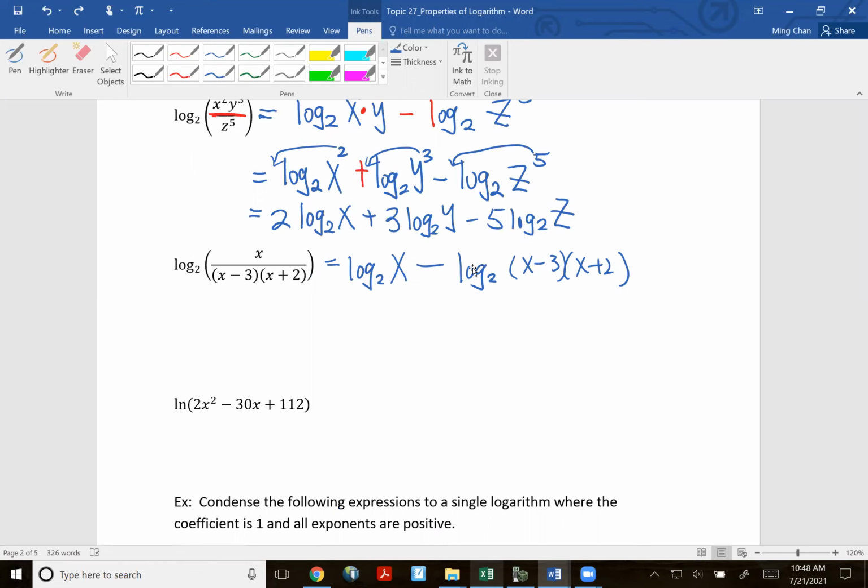All right. So the only thing I can do here is, okay, x minus 3 times x plus 2, there's a multiplication right here. So I can actually split them again. But this is tricky. This multiplication should translate into addition.